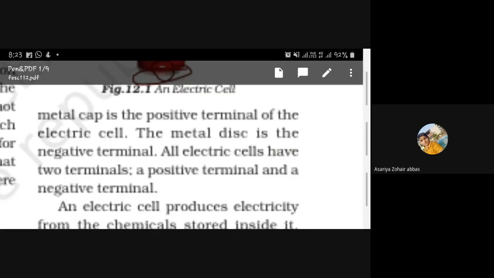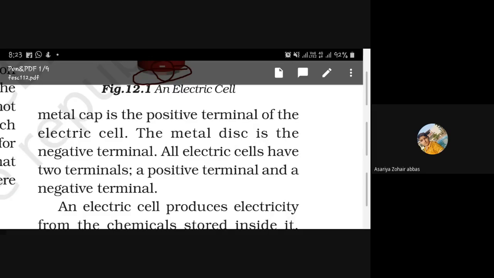Metal cap is the positive terminal of the electric cell. The metal disc is the negative terminal. All electric cells have two terminals, a positive terminal and a negative terminal.